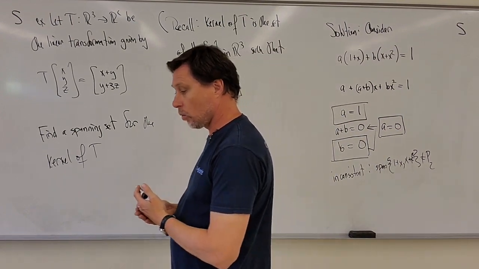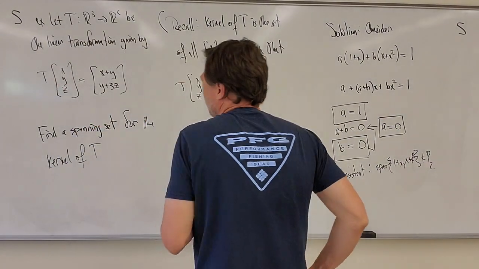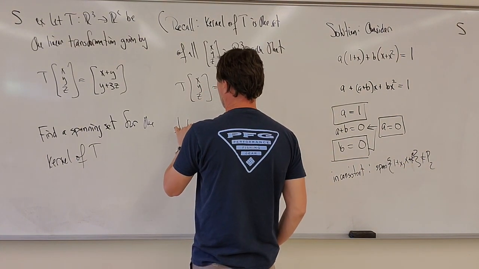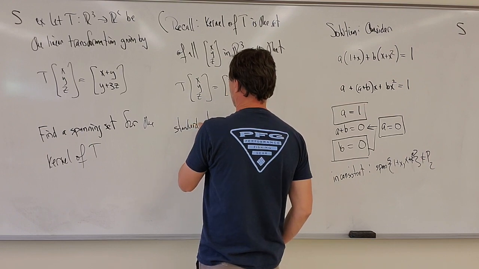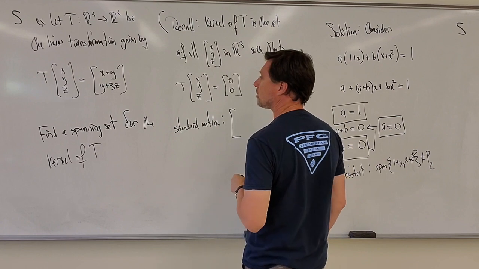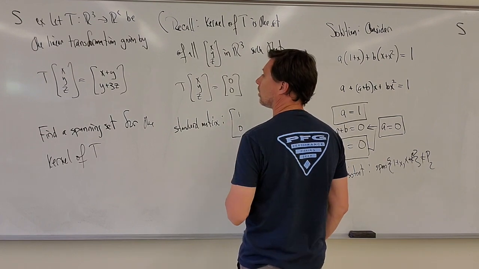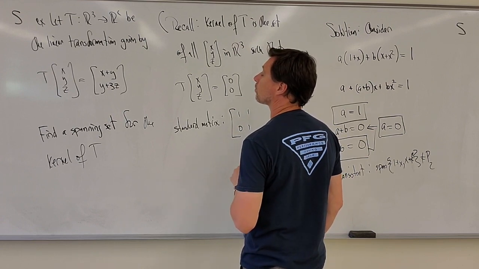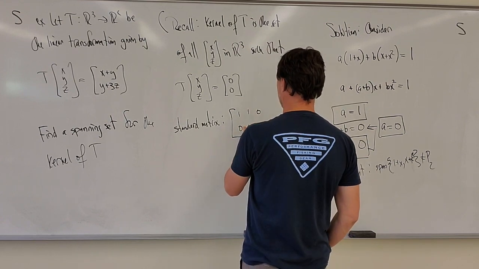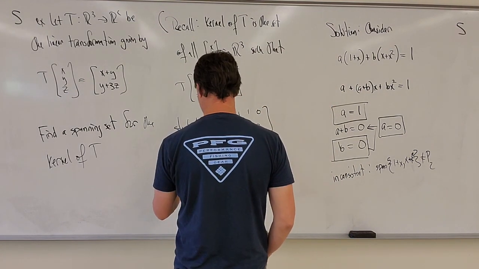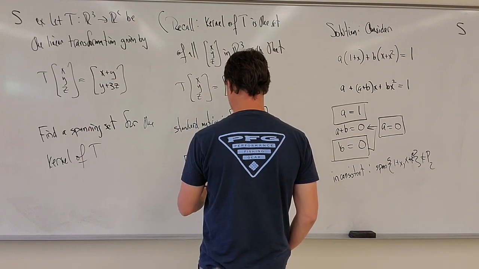All right, so what do we do? Well, let's just look at the standard matrix just to make life easy. So the standard matrix of our linear transformation is going to be 1, 0, 1, 1, and 0, 3. So what we then have is this situation right here, 1, 1, 0, 0, 1, 3, 0, 0.